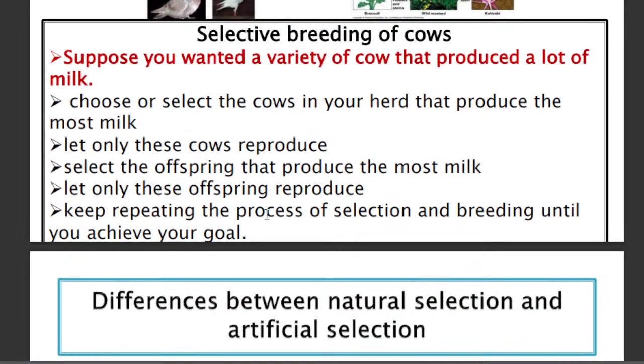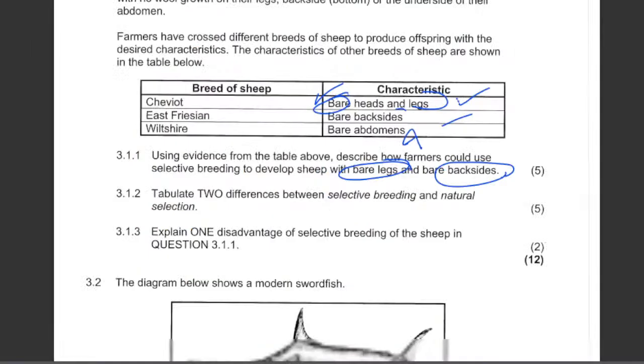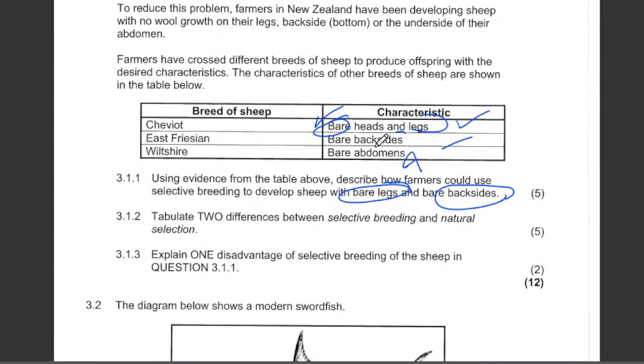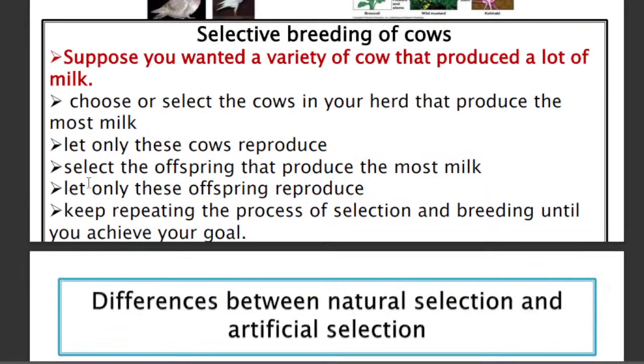So after that, allow these offspring. Let only these cows reproduce. These ones which have the desirable characteristics, these sheep, you allow them to interbreed. That's why I'm saying that you are denying this one sex. And then after that, what happens?